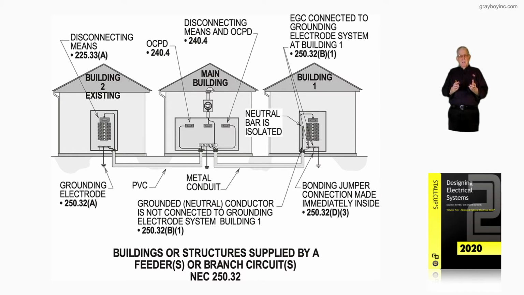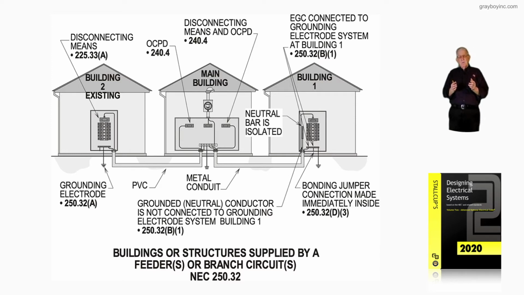So we've basically looked at 250.24 for service grounding. We've looked at 250.30 for separately derived system grounding. And now we're looking at 250.32, where we would feed from one main service equipment location to separate buildings, as you see in the illustration.